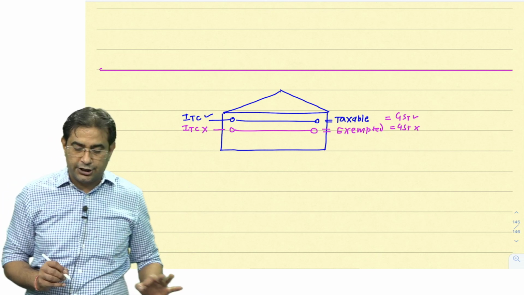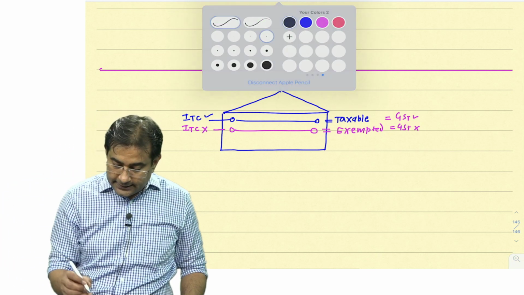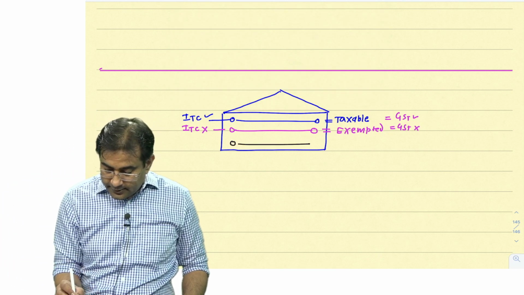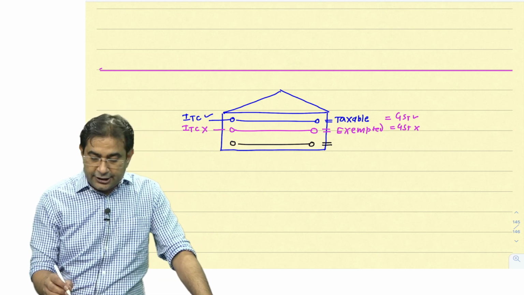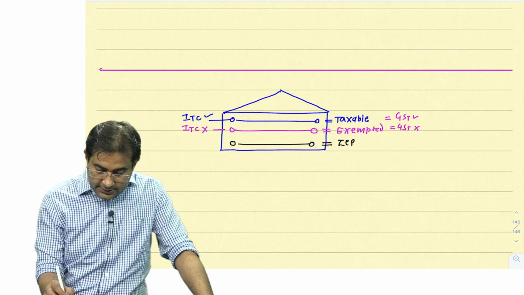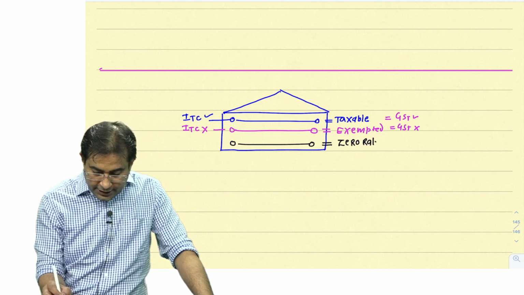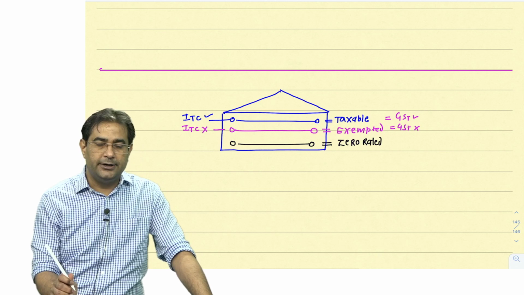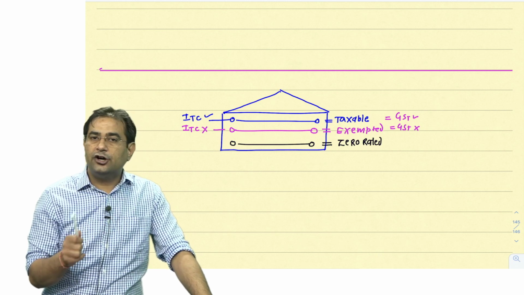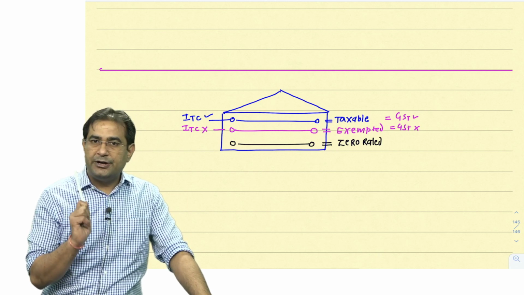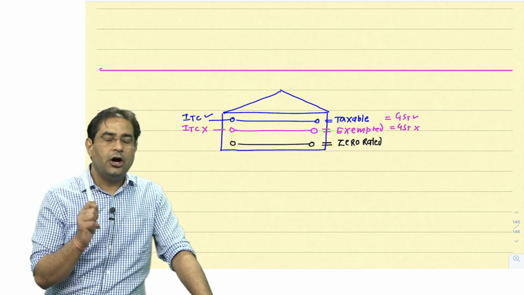The third scenario is where a person makes zero rated supply. Export transactions are called zero rated. Zero rated has two limbs, as I told you earlier: supply of goods or services abroad, or supply of goods or services to a special economic zone unit or developer.